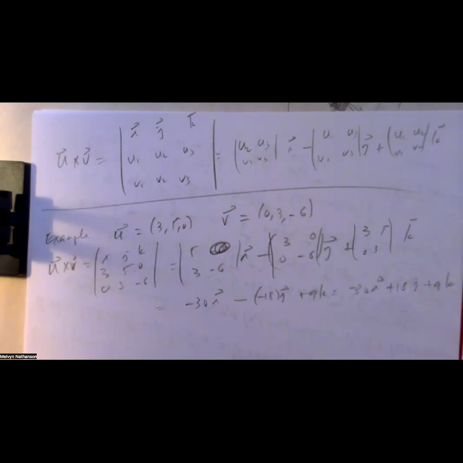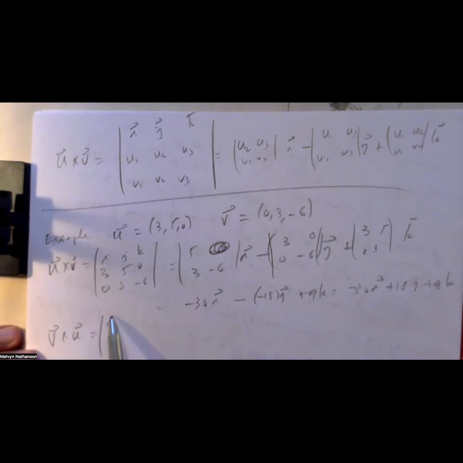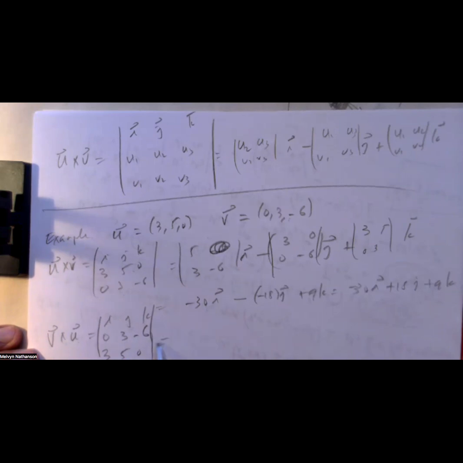That's the calculation. If we were to calculate v cross u, so we have i, j, k. The second row is the coordinates of v, 0, 3, minus 6. The third row is the coordinates of u, 3, 5, 0. So this would be the determinant 3, minus 6, 5, 0 times i, minus 0, minus 6, 3, 0 times j, plus 0, 3, 3, 5 times k.